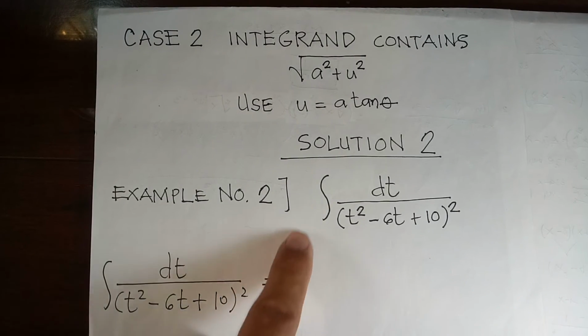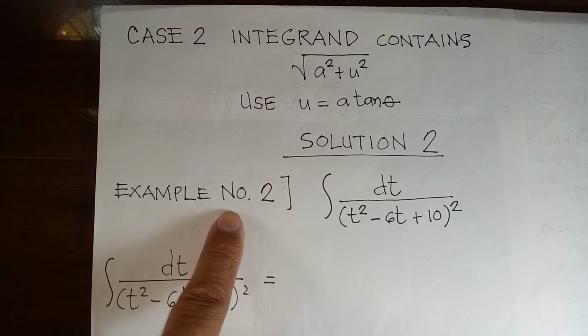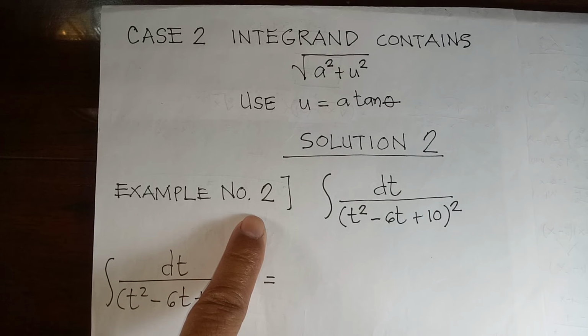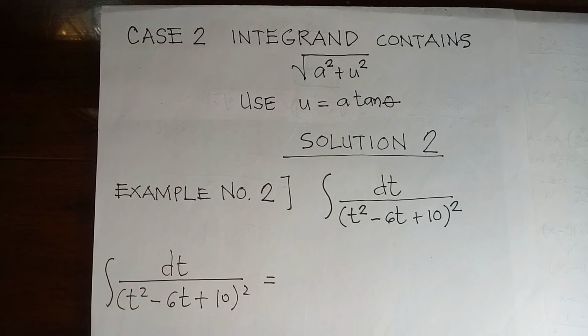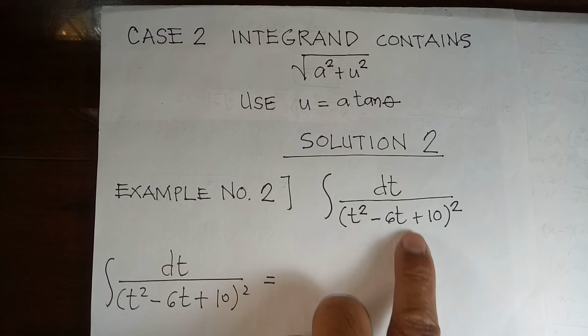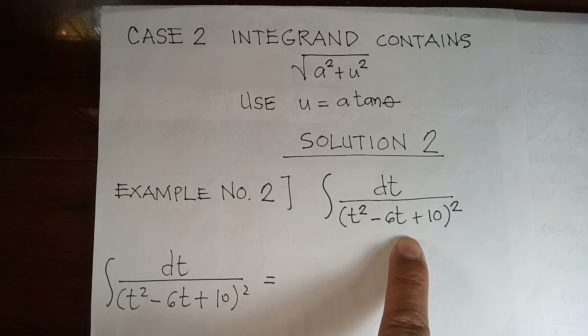Okay. So, solution 2 tayo, ating example number 2 under case 2 sa integration by trigonometric substitution. Ito yung ating problem, integral of dt divided by (t squared minus 6t plus 10) quantity squared.